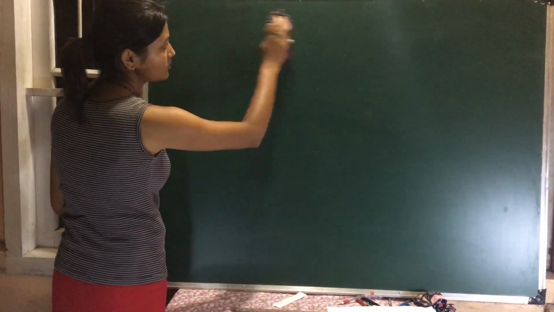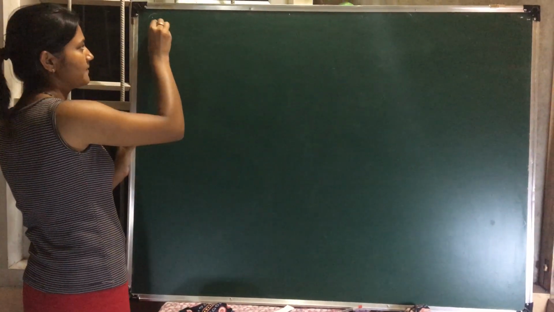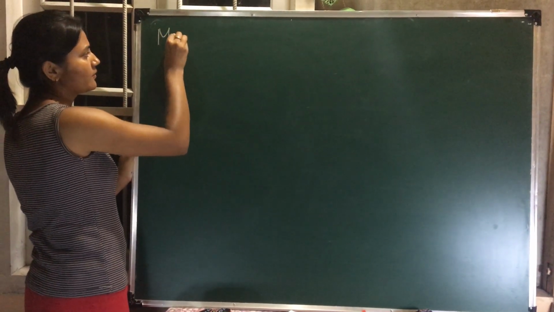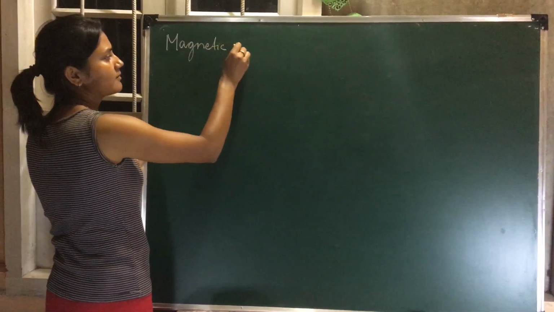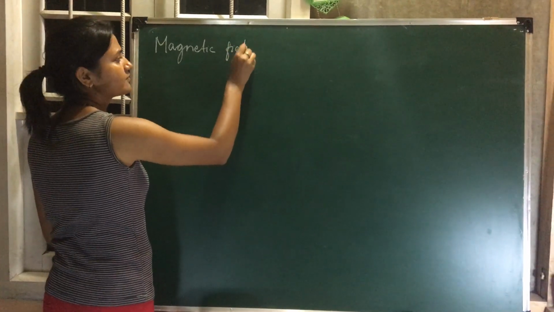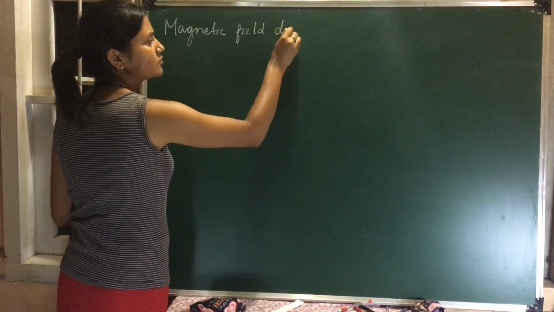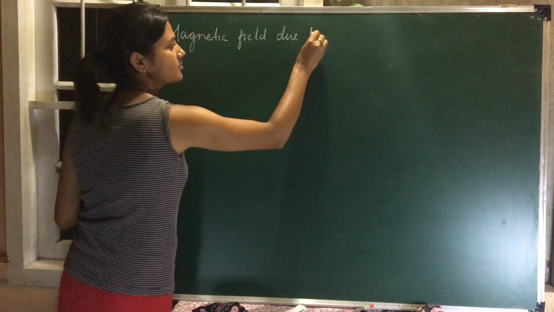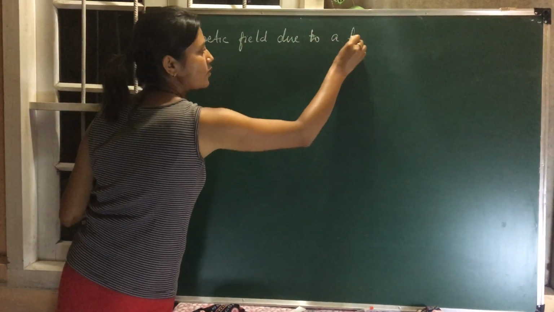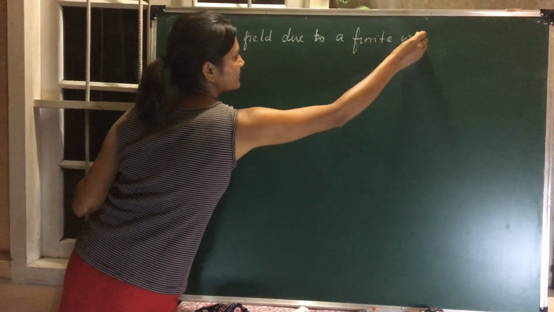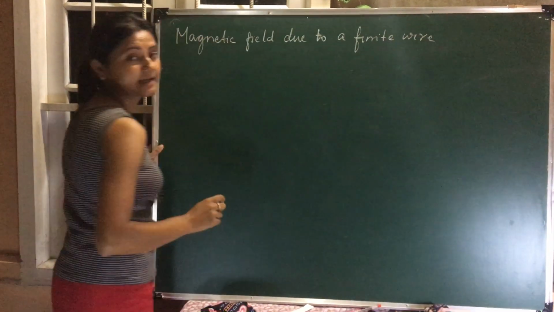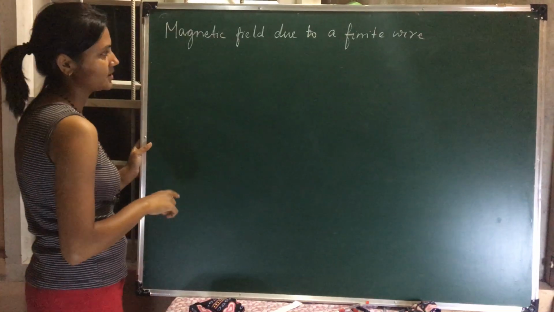we are going to find out, okay, we'll write the heading: magnetic field due to a finite current carrying wire, because current is important.